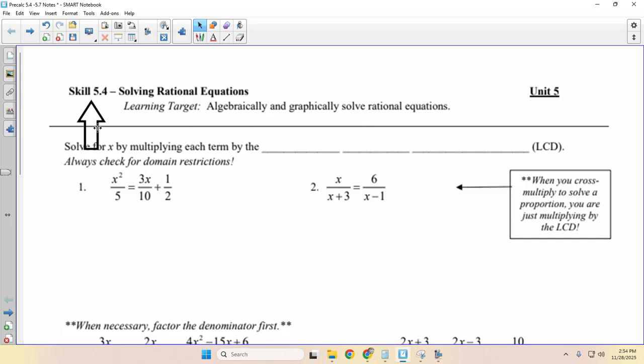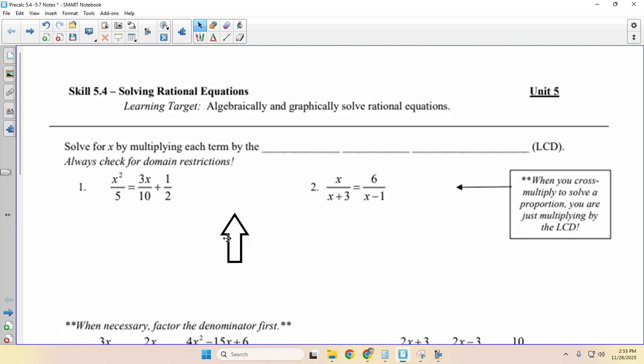So today we're going to talk about Scale 5.4, which is solving rational equations. We're going to algebraically and graphically solve rational equations, so we're going to solve for x. Take a little gander at our rational equation.